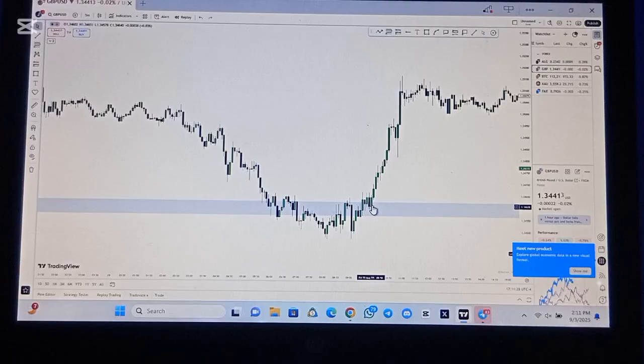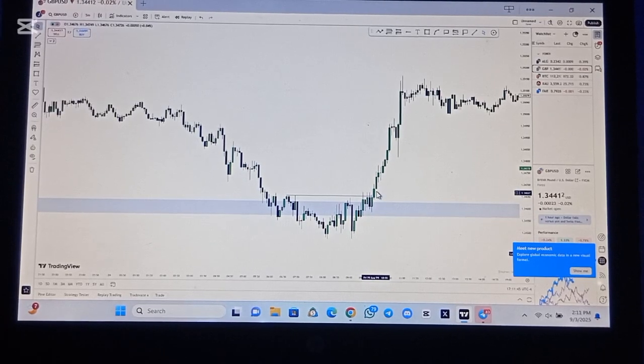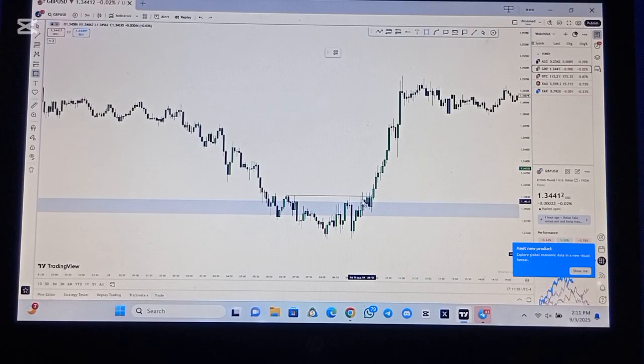Let me just enlighten you that this is the high I want to see price break before I look for a fair value gap. For this, I have not seen any fair value gap, or I've seen this. After this price expansion, this is the candle that broke price above.